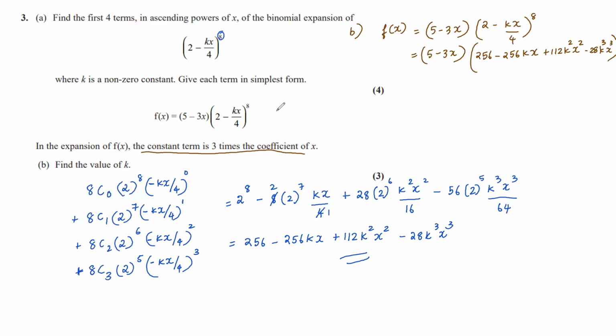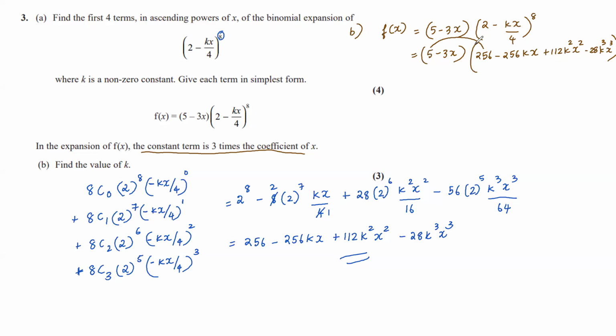It's given that the constant term is 3 times the coefficient of x. So we will get the constant term only when this 5 gets multiplied with 256. 5 multiplied with minus 256kx is not a constant term because we have x as the variable there. 5 multiplied with k square x square also has the variable x square. So the constant term is 5 multiplied by 256.